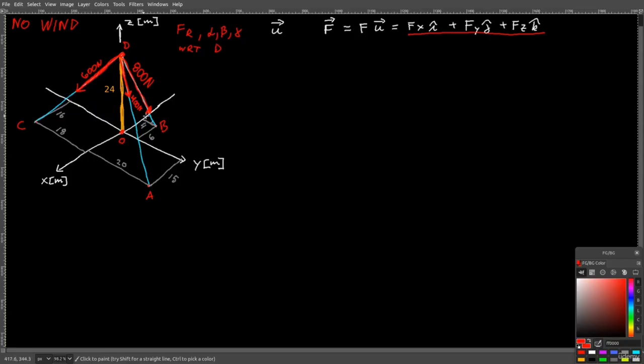And so to solve this problem, you obviously need u vectors for these three forces that you have here in the cables. You need to have a general unit vector in this direction from D, then in this direction from D, and then in this direction from D.